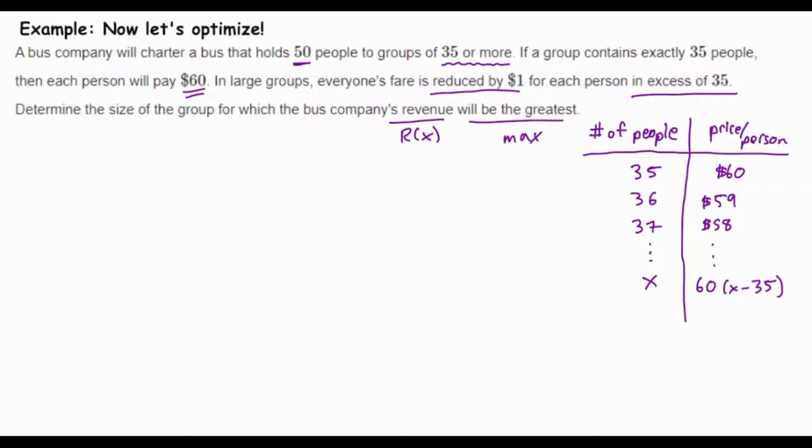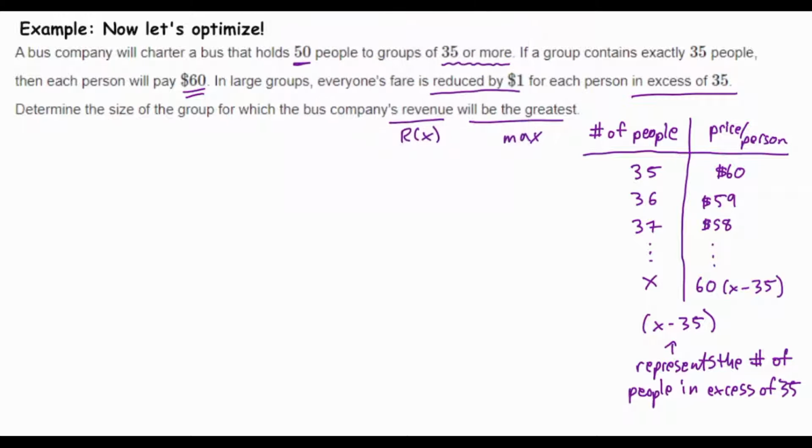Let's actually write that down here as well. And we'll say X minus 35. This represents the number of people in excess or above 35. So how many more people than the original 35 do we have?